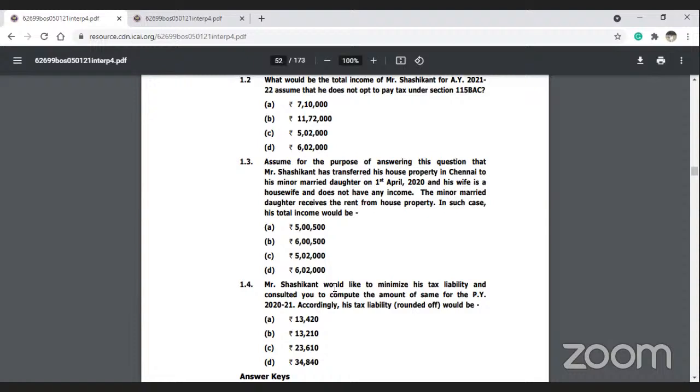No, his taxable income will be as per that second question. In the third question they have written, assume for the purpose of answering this question, so I think 5 lakh 2,000. Yes.